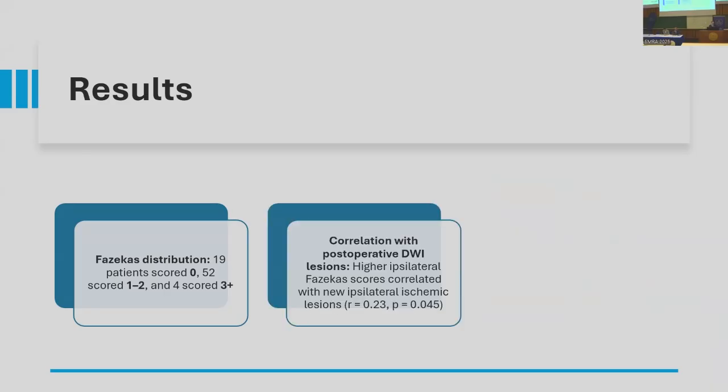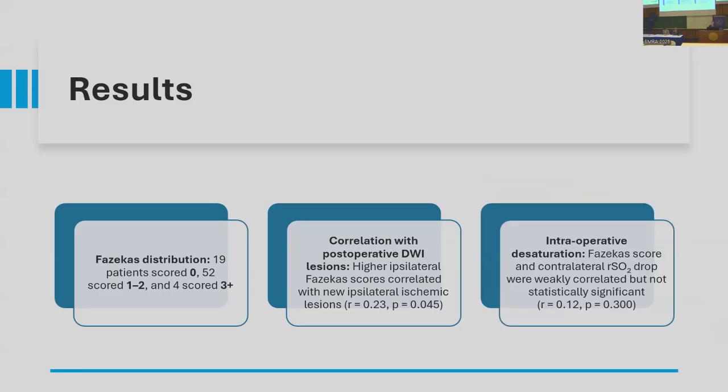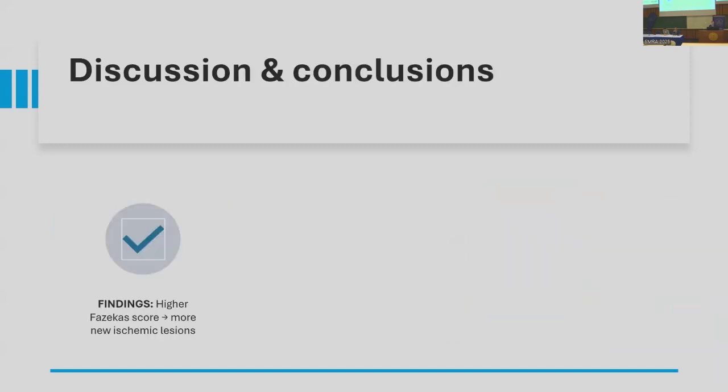We found that higher ipsilateral Fazekas scores correlated with new ipsilateral ischemic lesions, while the Fazekas score and the contralateral oxygen saturation drop were weakly correlated, but statistically not significant. So the more severe the preoperative white matter lesions are, the higher the risk for new ischemic lesions.